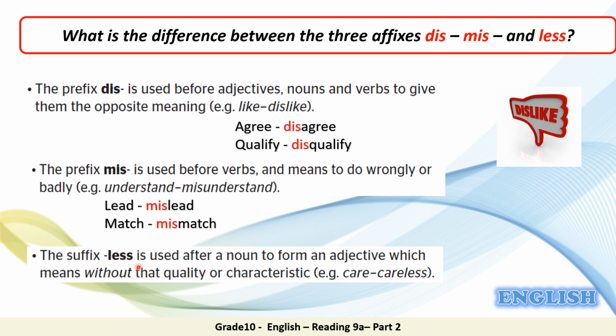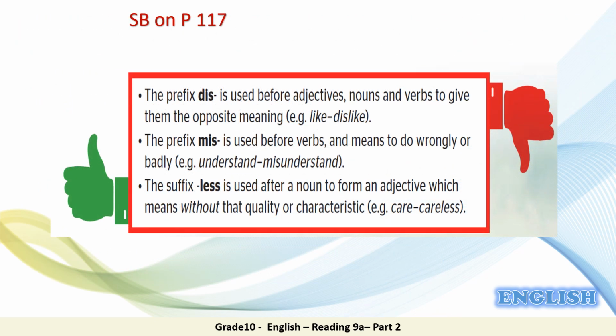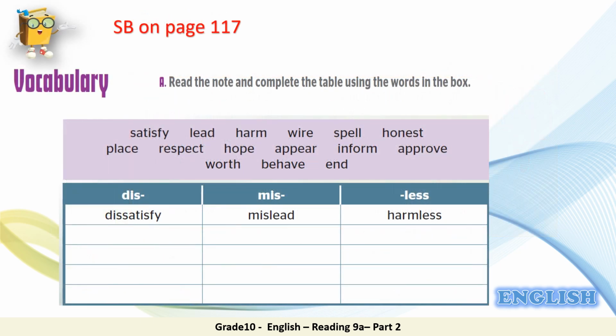A noun becomes an adjective when we add the suffix less, and the meaning is without that quality or characteristic, like care, careless, home, homeless, parent, parentless. You will find the summary in your student book on page 117.